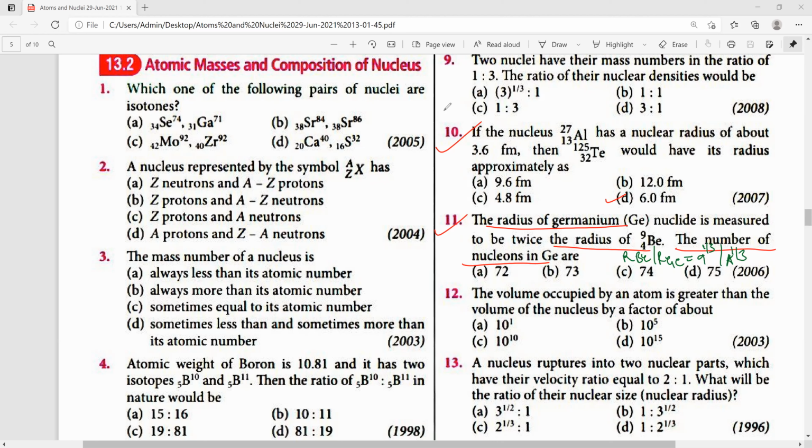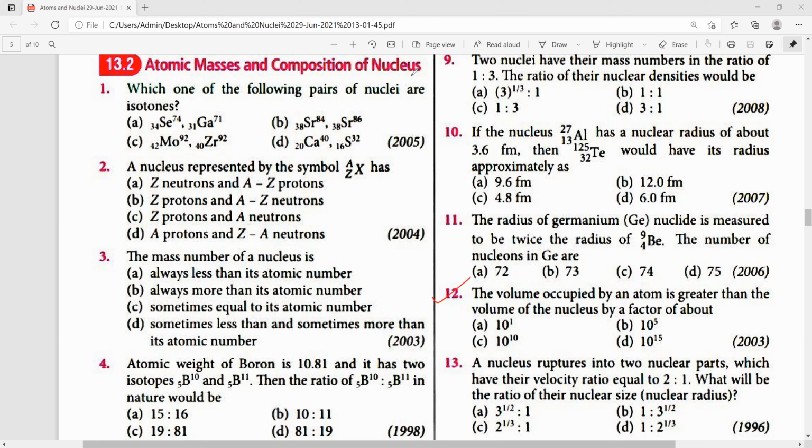Or you can do this one as R Be divided by 2 times of R Be is equal to 9 to the power of 1 by 3 divided by A to the power of 1 by 3. So here A value we are getting that one as 72. Therefore, the first one is the right answer.